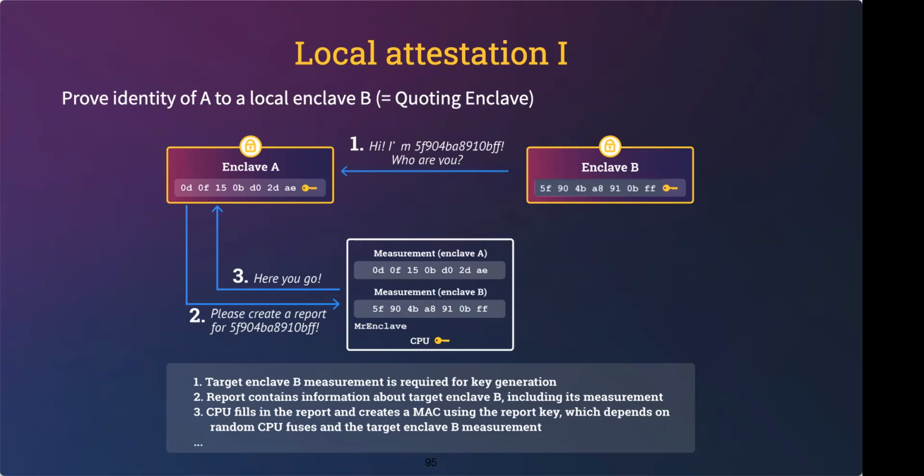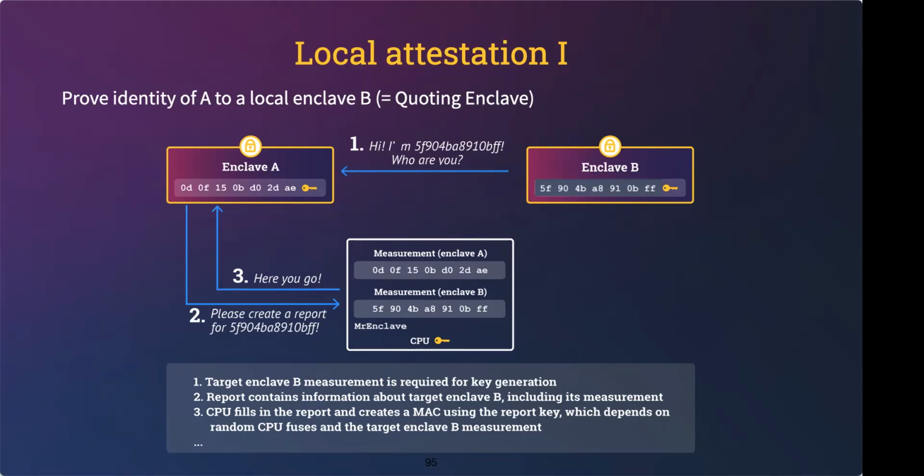Who are you? And sends that to enclave A. Enclave A also has this initial state, the Mr. Enclave. It talks to the CPU and says, please create a report for enclave B. So this flow is part of the local attestation.